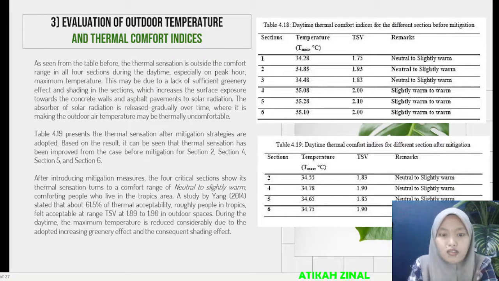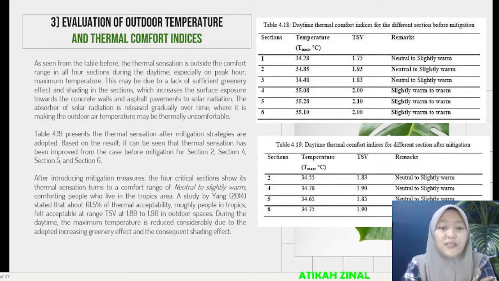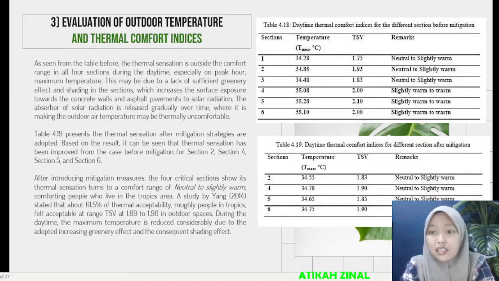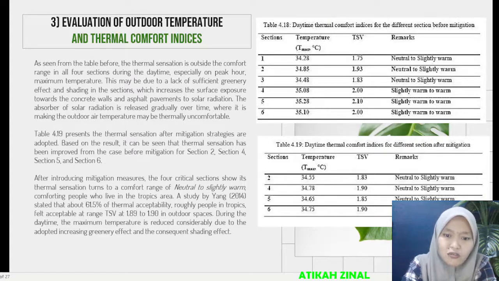Okay, this is the evaluation of the temperature and thermal comfort. Okay, this is before mitigation and after the mitigation strategy.